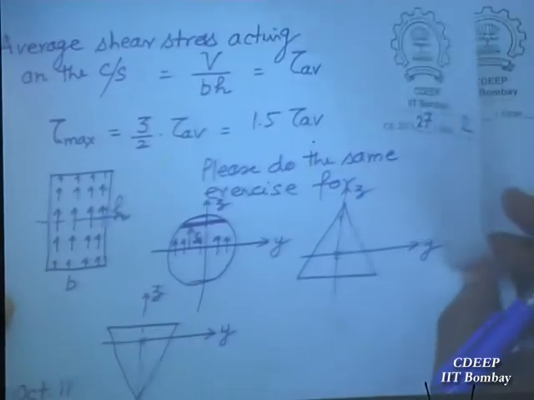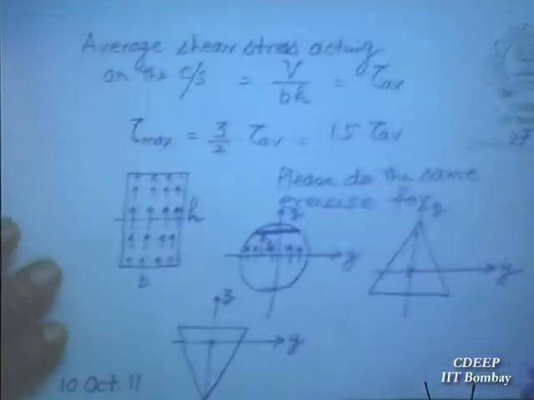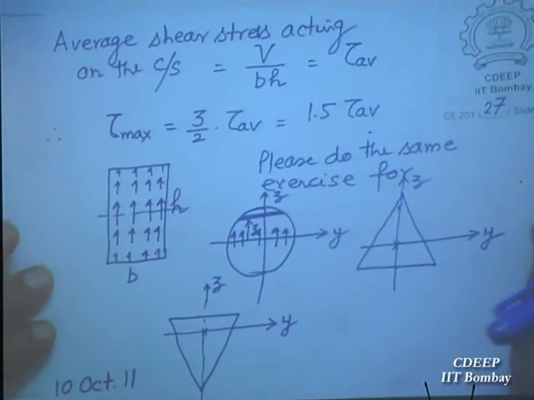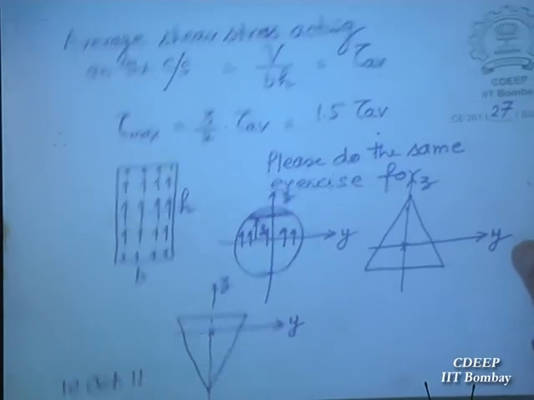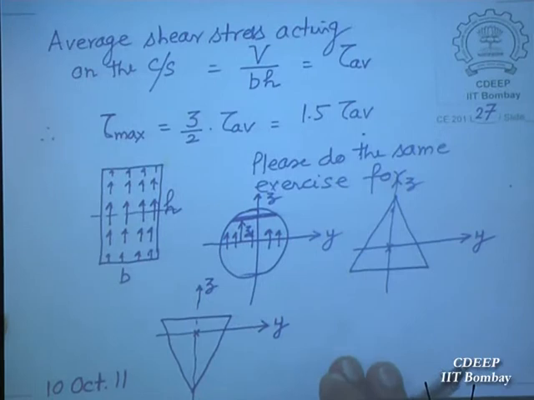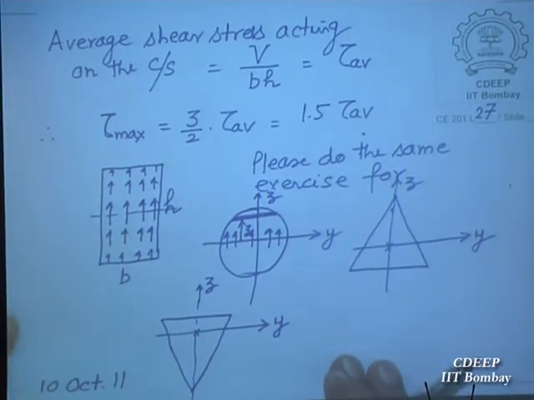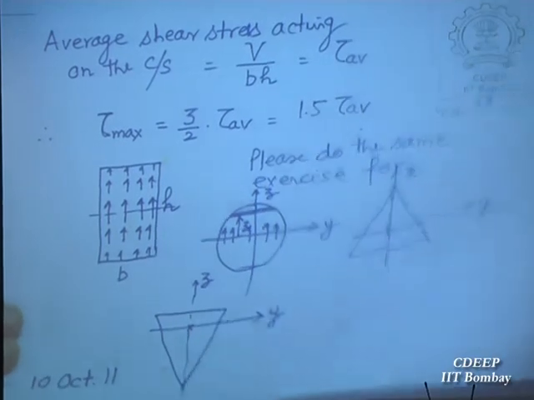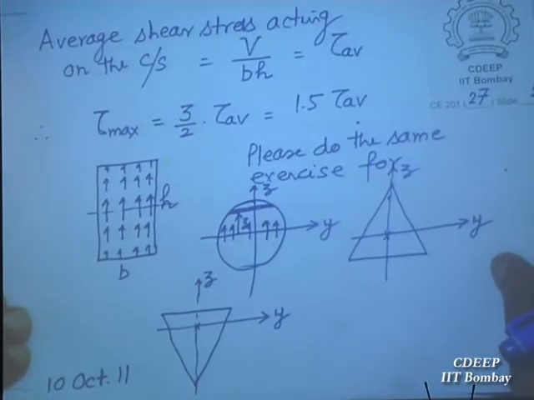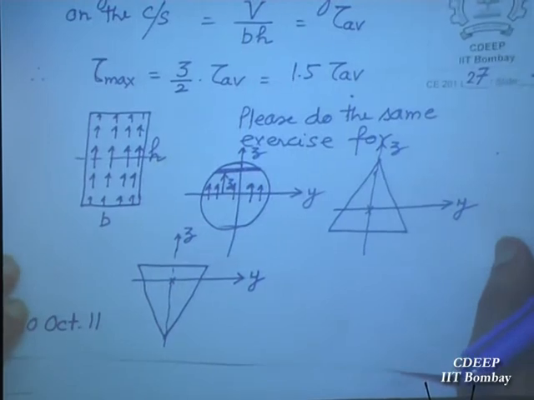We are not doing bending of cross sections which do not have a vertical plane of symmetry. We are doing only bending with a vertical plane of symmetry, that means the Z axis divides the area of the cross section into two halves, mirror images.